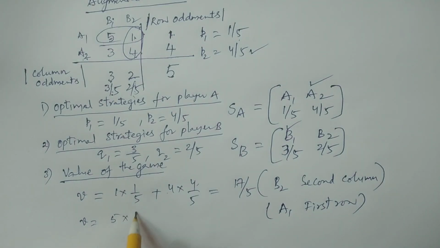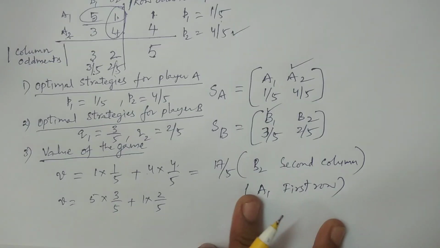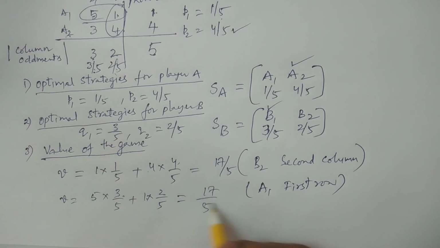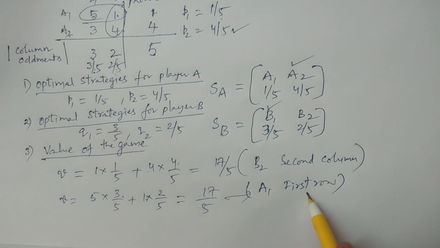Is it clear? Now you calculate this. 5 3s are 15, 2 1s are 2. 15 plus 2, 17 by 5. Is it clear? This is by using the first row.